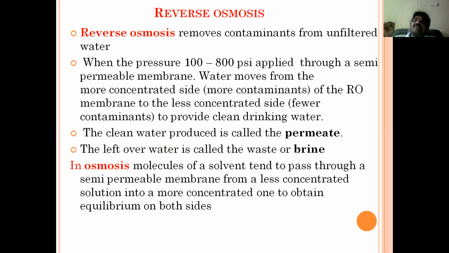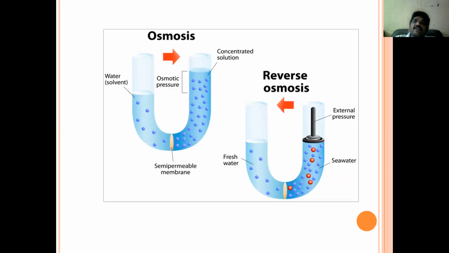When the pressure is applied, how much pressure? 100 to 800 psi, pounds per square inch. See here, 100 to 800 psi applied to a semi-permeable membrane, then water moves from the more concentrated side to the less concentrated side to provide drinking water, right?